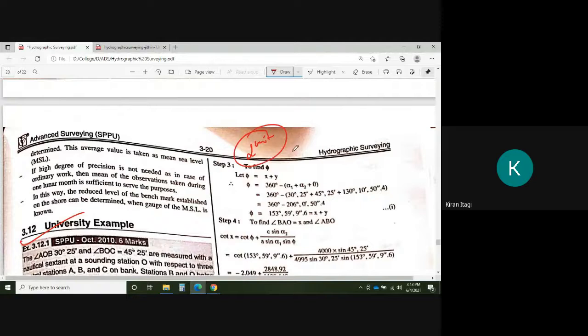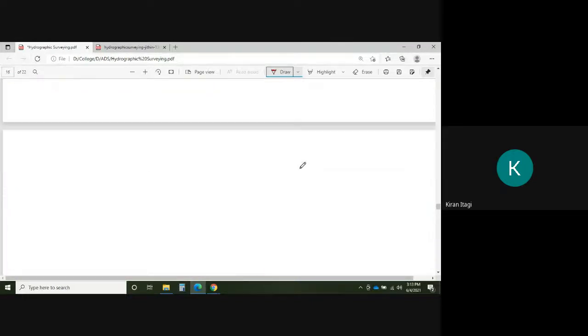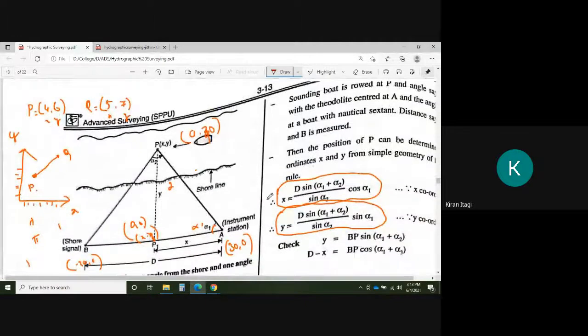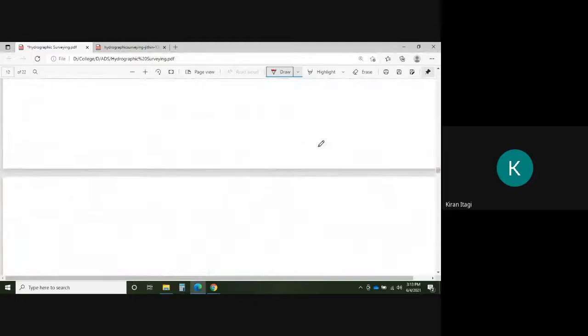Go through the numericals. Very simple numericals are there, not that complicated. Simple mathematics and simple numericals. So just go through them. If you find any difficulties, you can ask me.